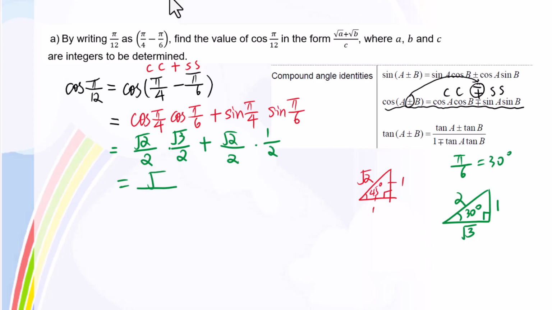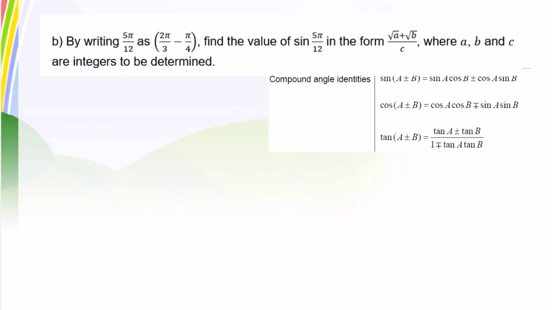Simplify: square root of 6 over 4 plus square root of 2 over 4 equals square root of 6 plus square root of 2 over 4.